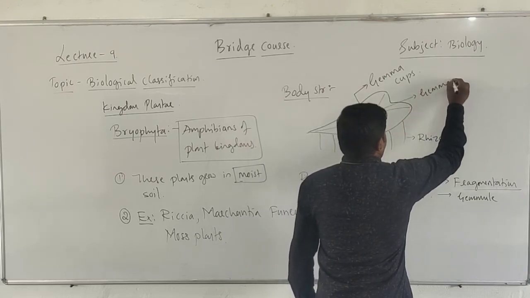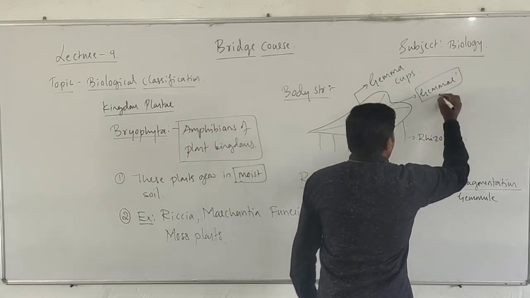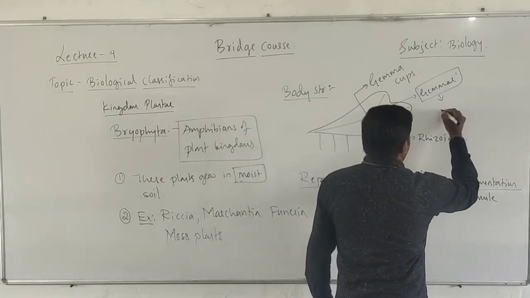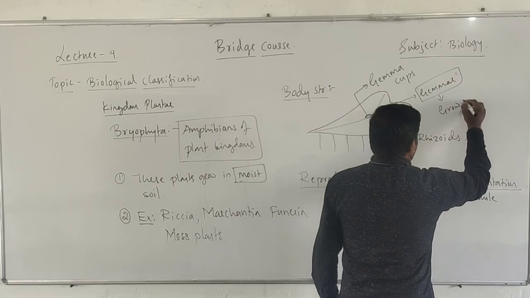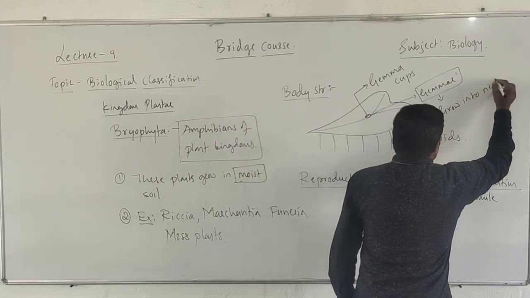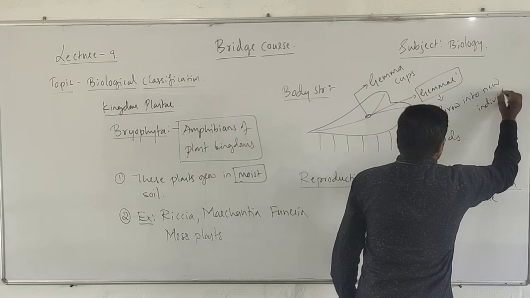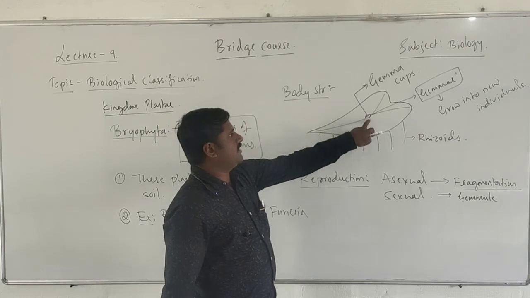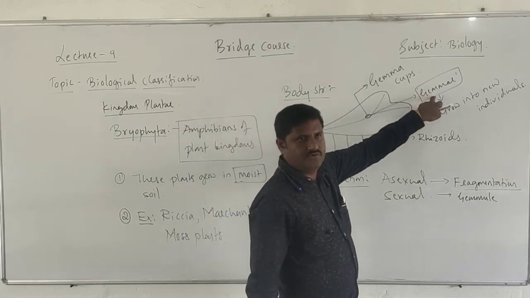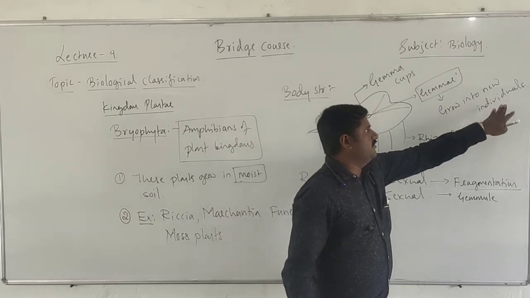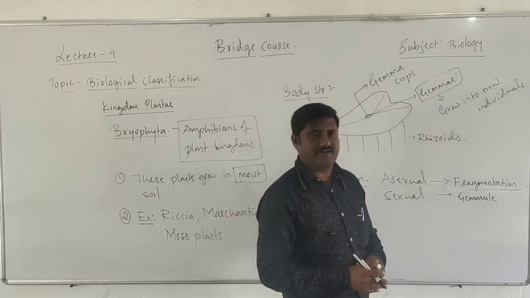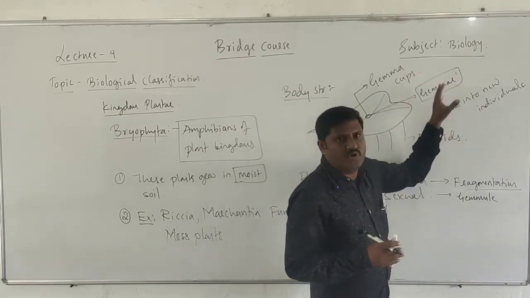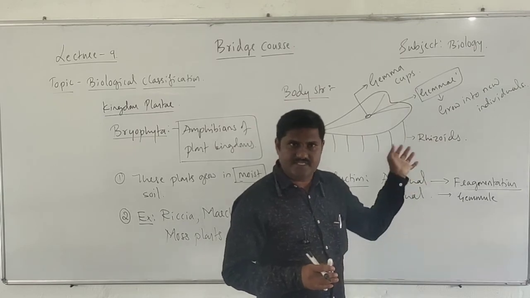Gemmae. And during favorable conditions they grow into new individuals. Gemmae inside gemma cups, they grow into new individuals. 2 to 11 gemmae are present in each gemma cup. Right? This is also one mode of asexual reproduction in these plants.